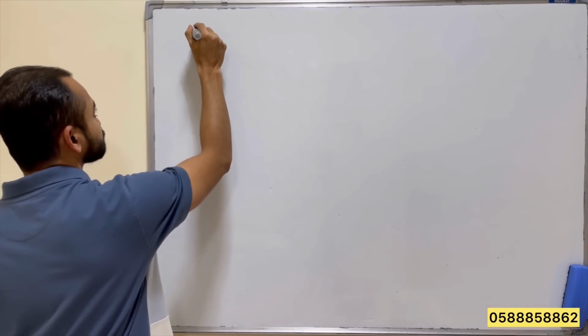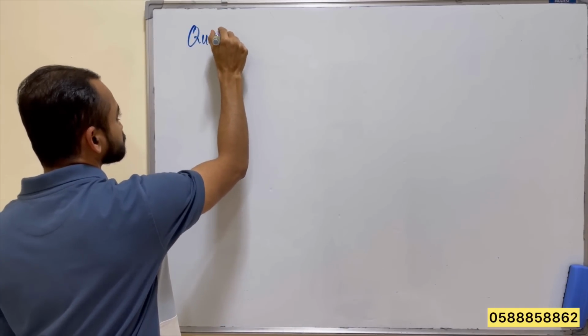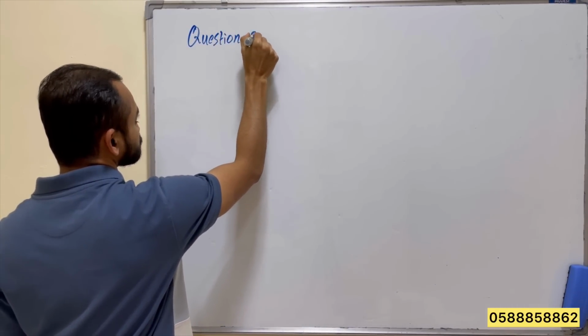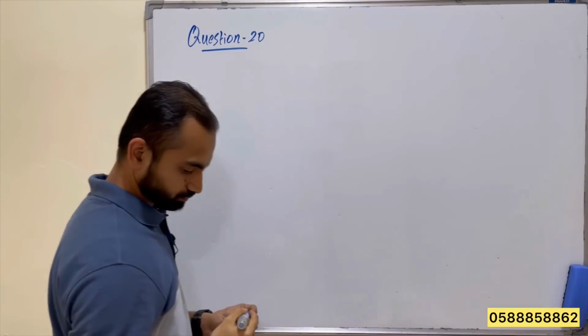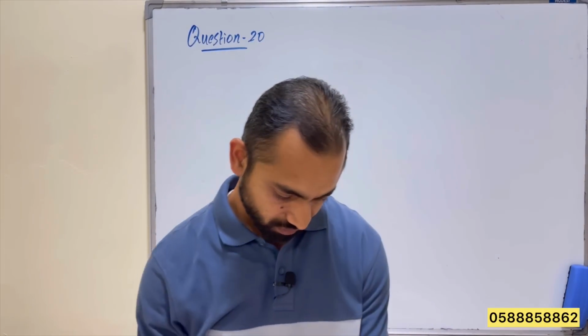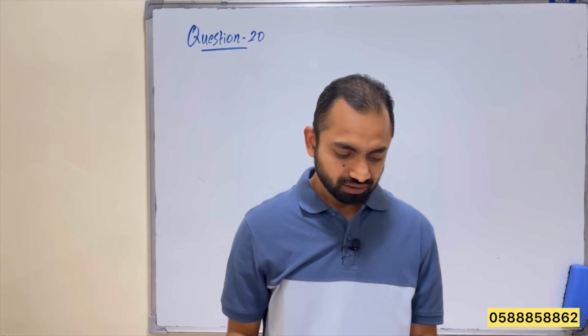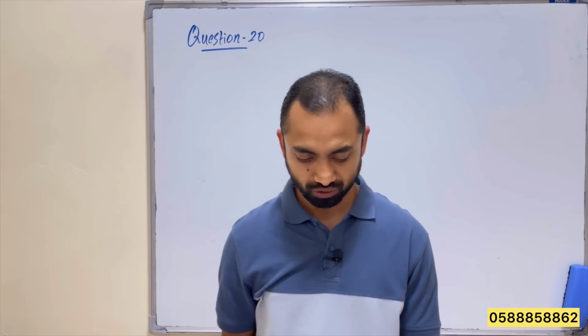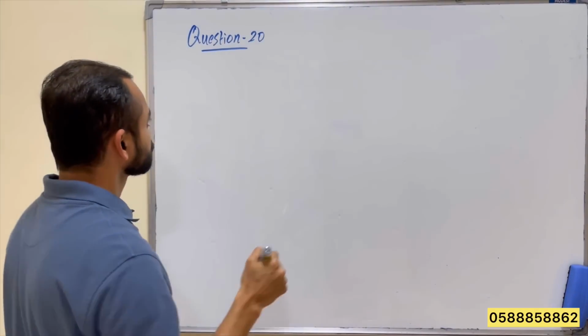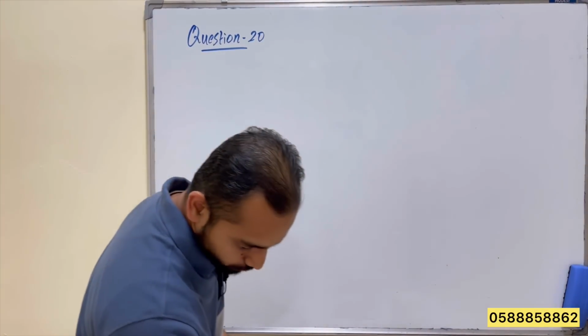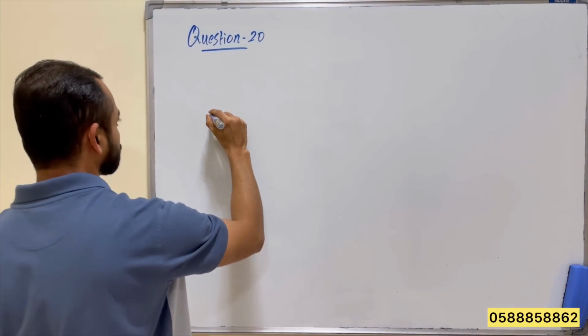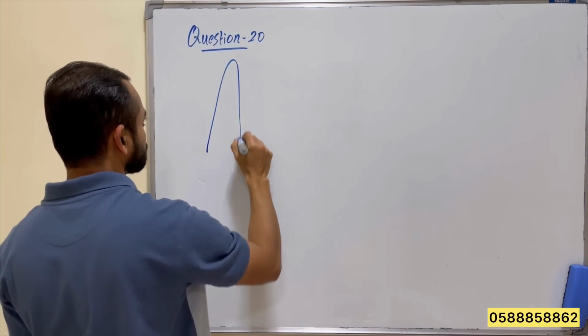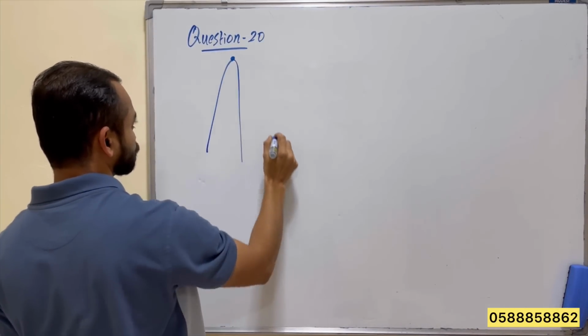Question 20. You throw a stone horizontally at a speed of 5 meters per second. For example, you are on the top of a cliff. So this is a cliff and you are here on the top of it.